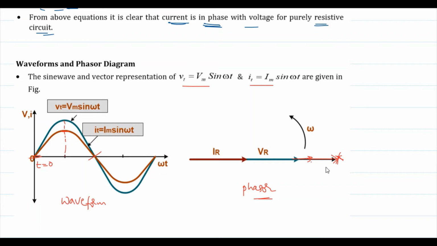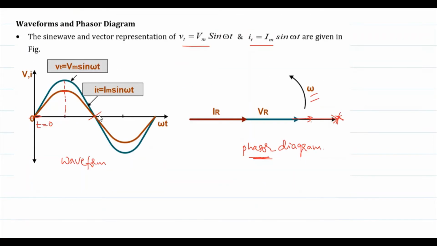As voltage moves with a certain angular velocity omega, similarly current also moves with the same angular velocity omega. So there is no phase difference, and that's why both are in phase. We can represent this no phase difference by using phasor diagrams. Okay, so this is about a completely purely resistive circuit.